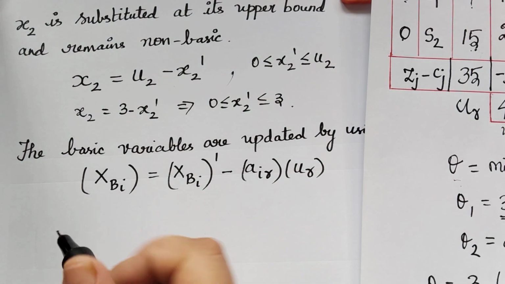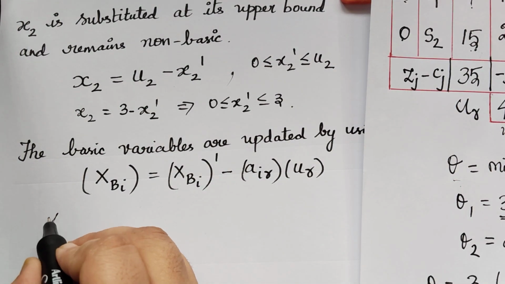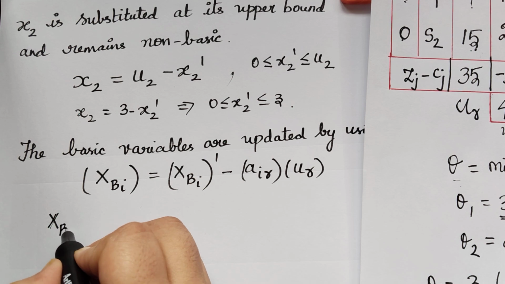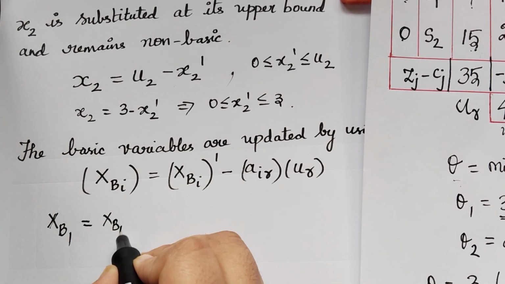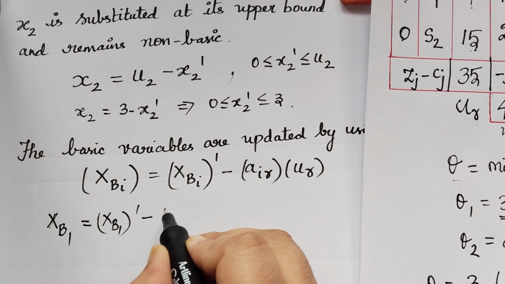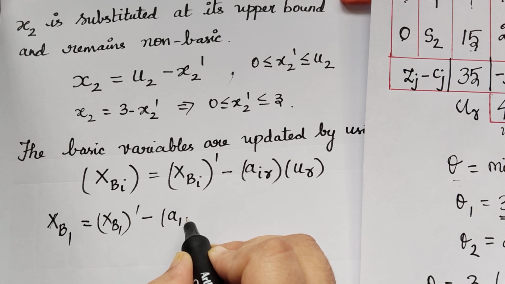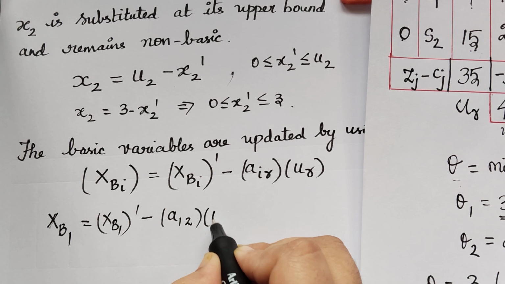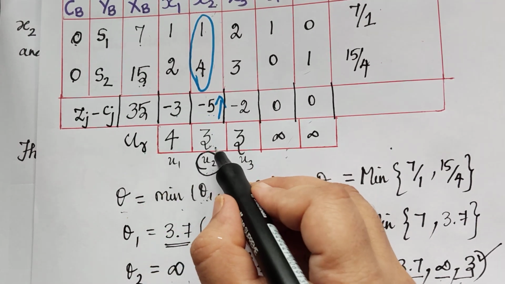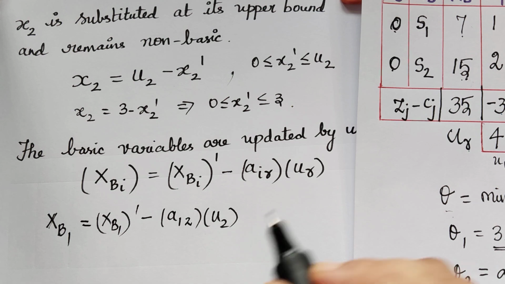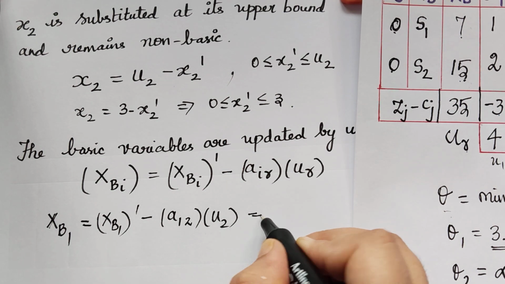So first xb1 will be updated by xb1 dash minus a1r multiplied with u2, because here r is the entering one, so r is 2.